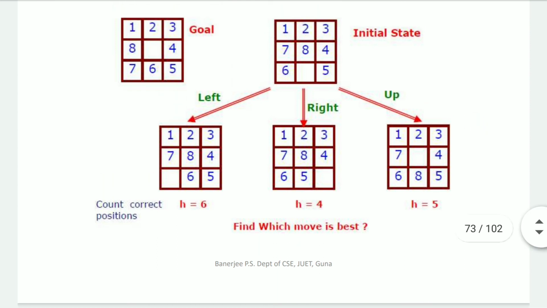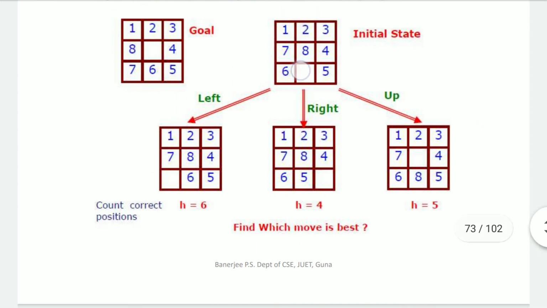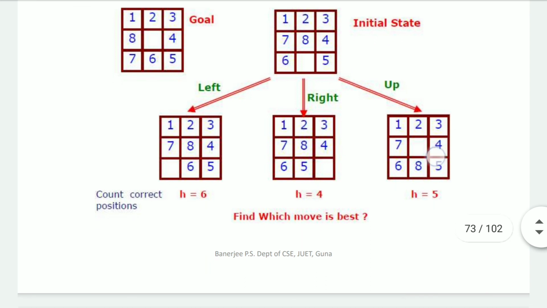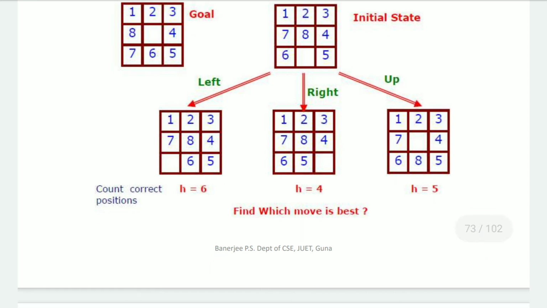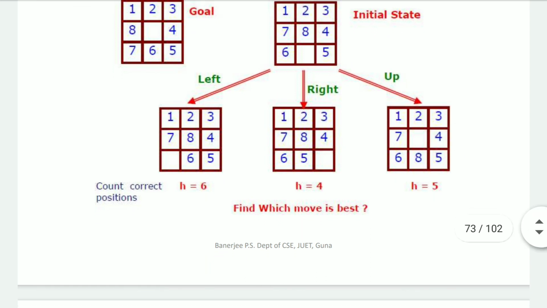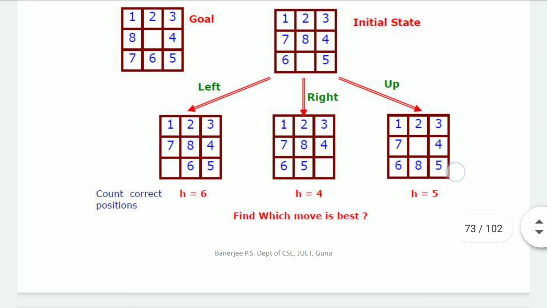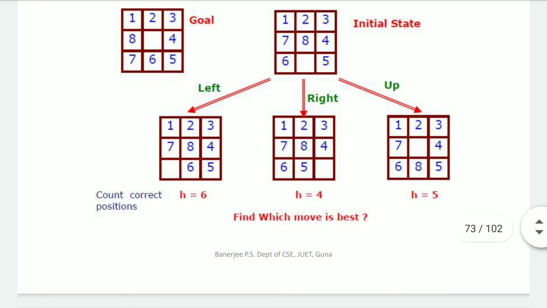That means for my blank space's up move, when it is here, I'll be comparing this with my goal state again. Now when I compare this with my goal state, what are the elements that are in the right position? 1, 2, 3, 4 and 5 are at the right position. 7, 6 and 8 are in the wrong position.